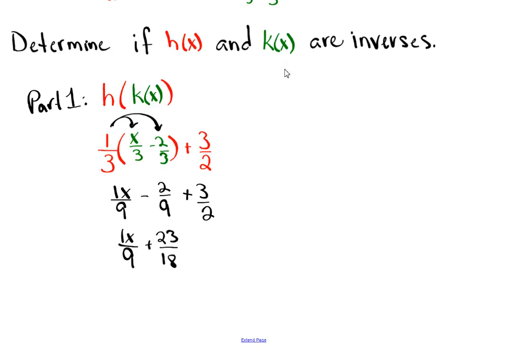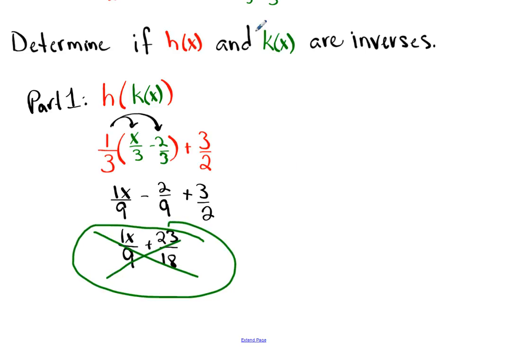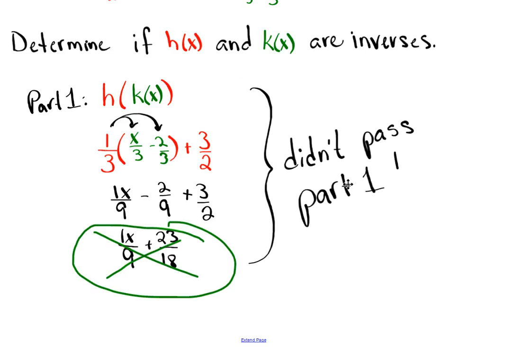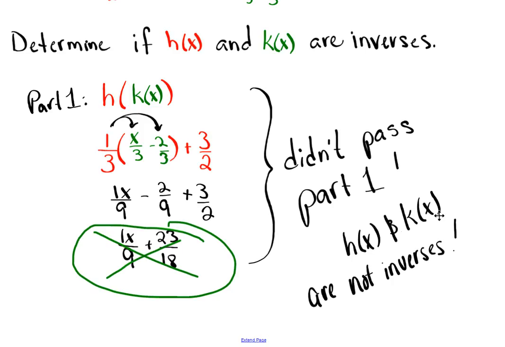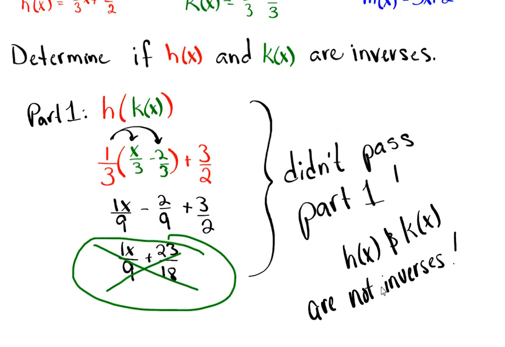Now I want you to notice there is nowhere, okay, this does not equal x. So that means that doing all this work means it didn't pass part one, did not pass the little test. So that means h of x and k of x are not inverses.